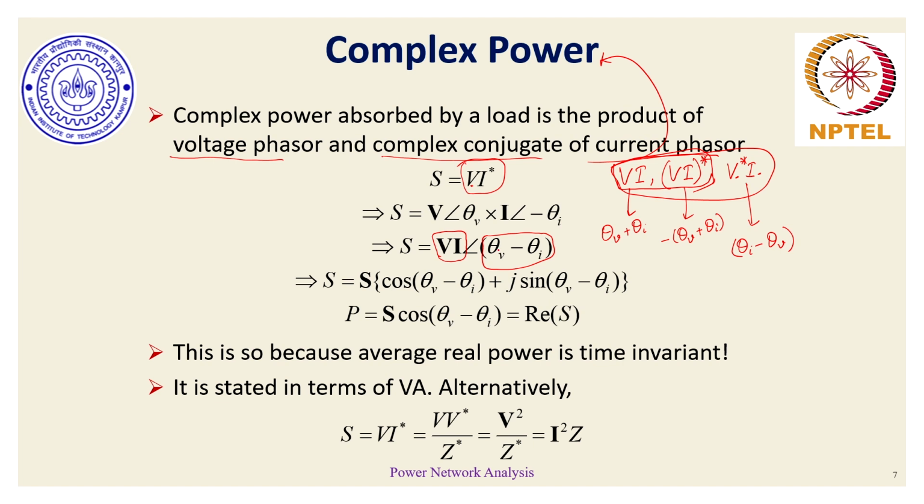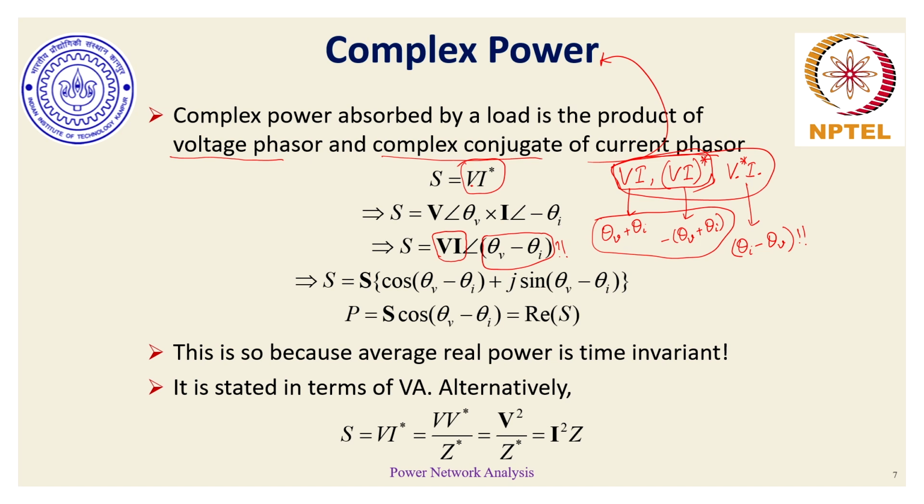If the difference of theta V and theta I holds true, then probably V conjugate I, wherein the sign of the phase angle has reversed, can possibly also be applicable. Whereas the other two combinations, where the phase angles add up to each other, are not acceptable.